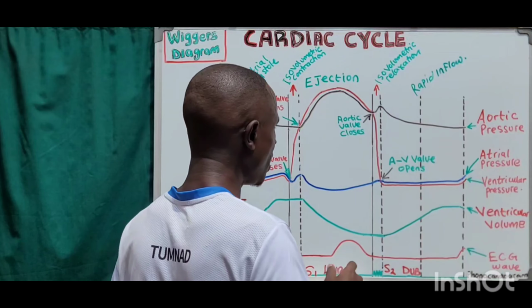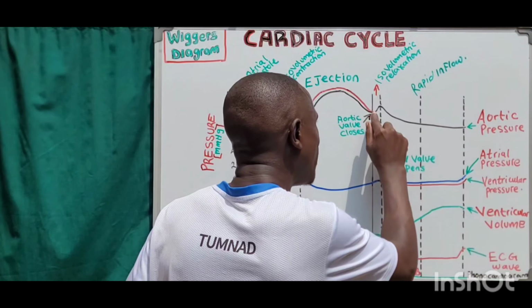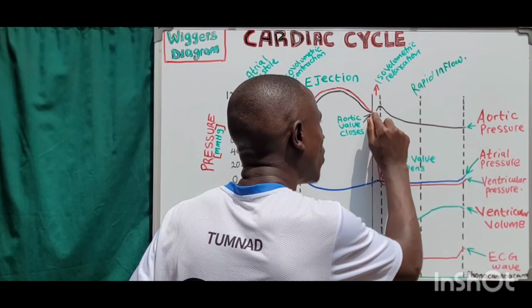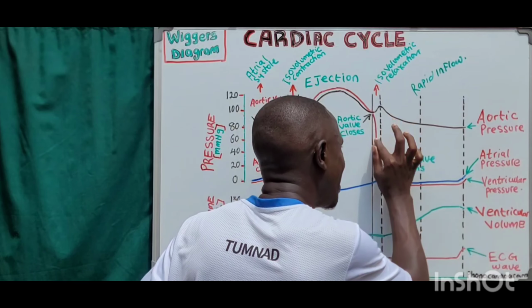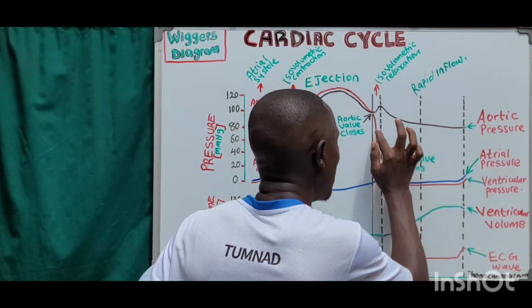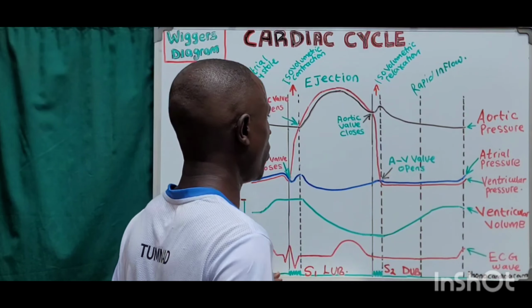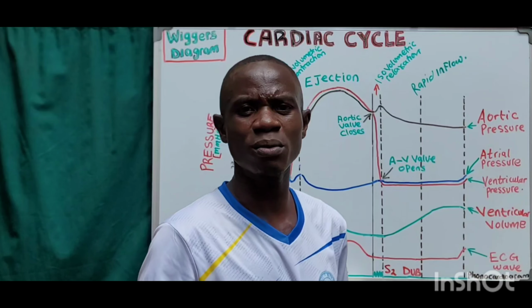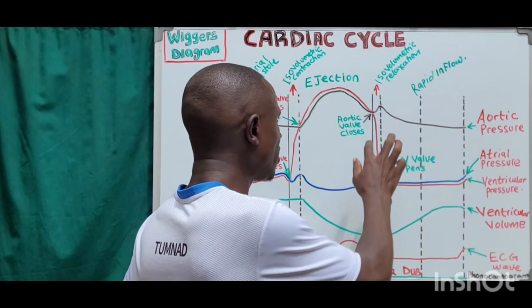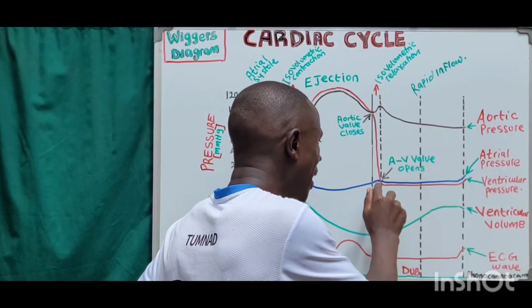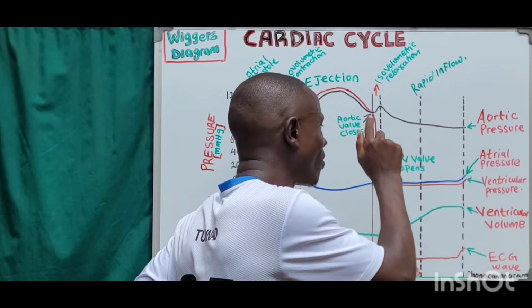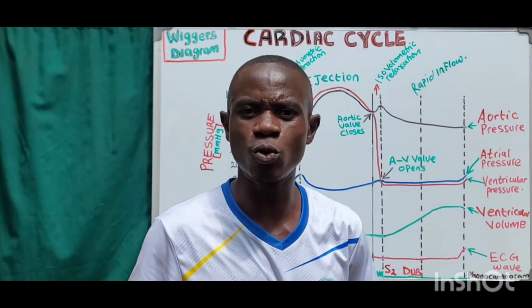Now, you are seeing that the ventricles are undergoing what we call a relaxation phase. The ventricular pressure is decreasing and decreasing. During this time, it is so special. However much the ventricles are still relaxing and the pressure is decreasing, it is still greater than the arterial pressure.